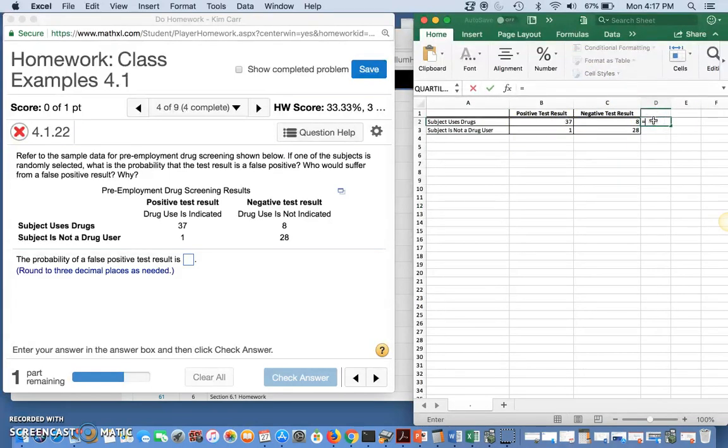I'm going to say equals sum, and I will do the across right there. Same thing here, equals sum. Okay, and then I want to total the column. You can do it in your head if you want to, or you can actually do it with the Excel.